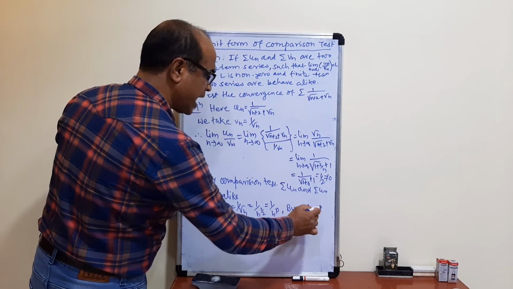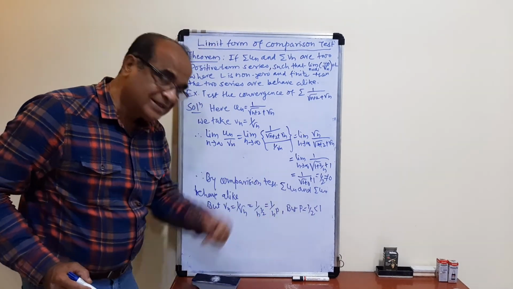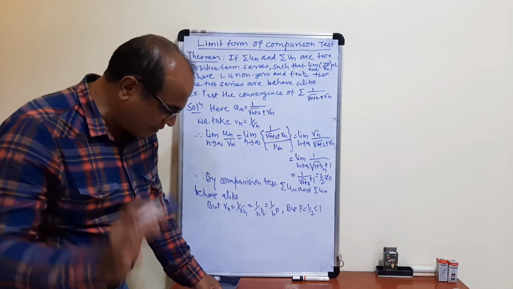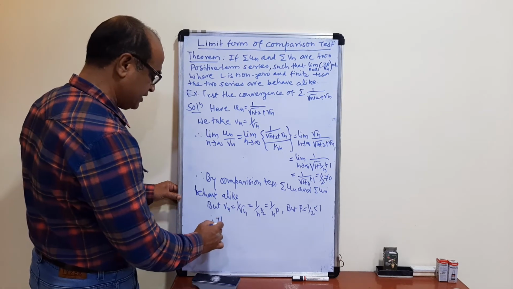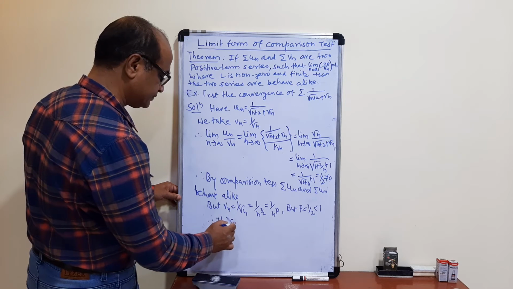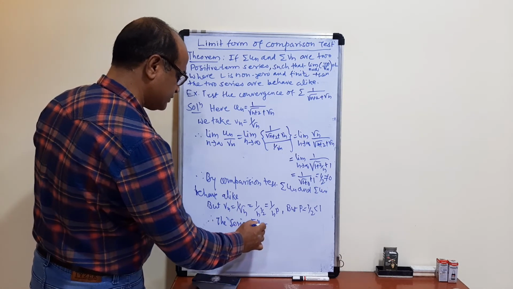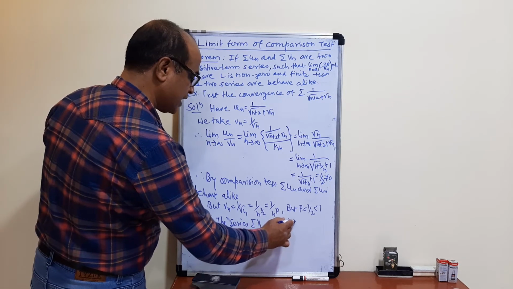And this is less than 1. And in a p series, if p is less than 1, then the series is divergent. Therefore, the series Vn, summation 1 upon root n, is divergent.